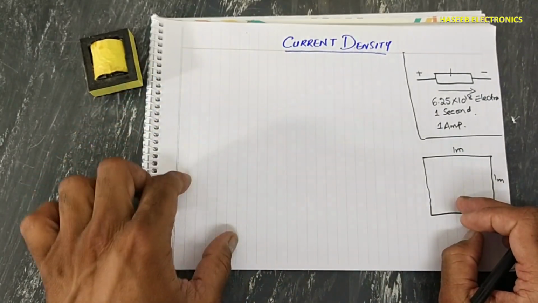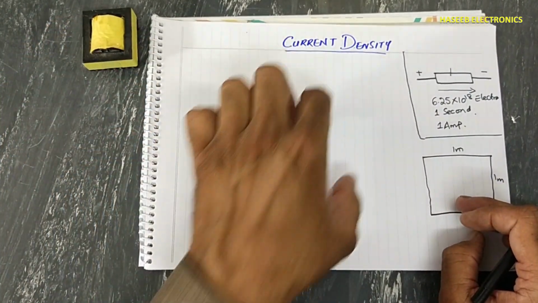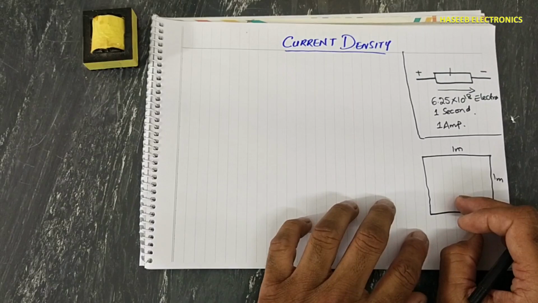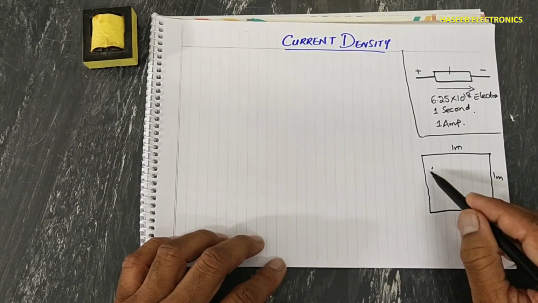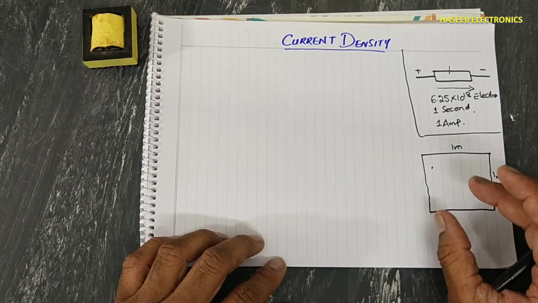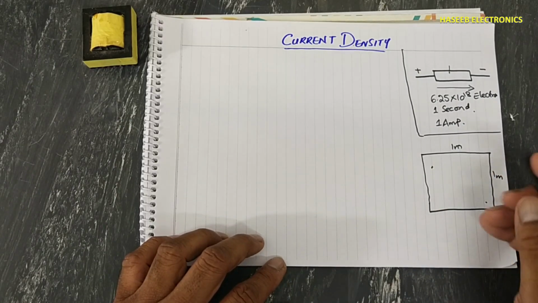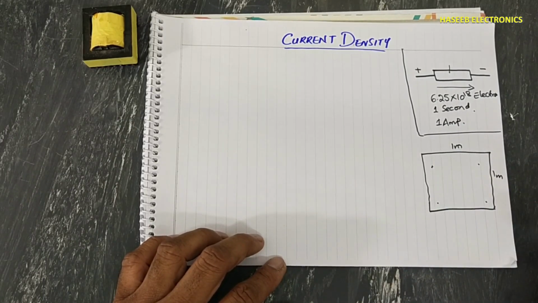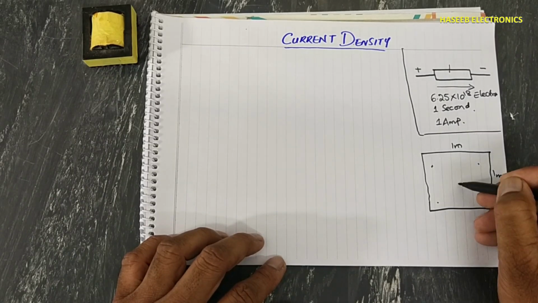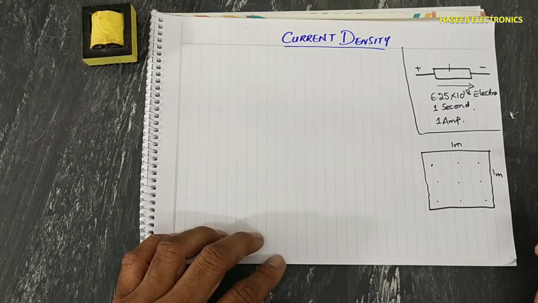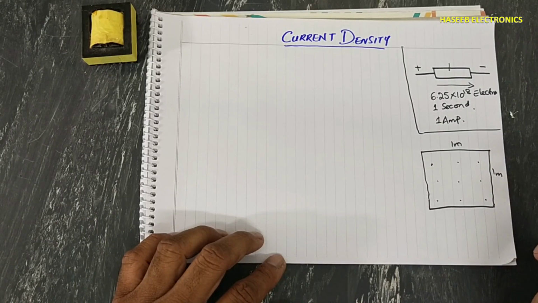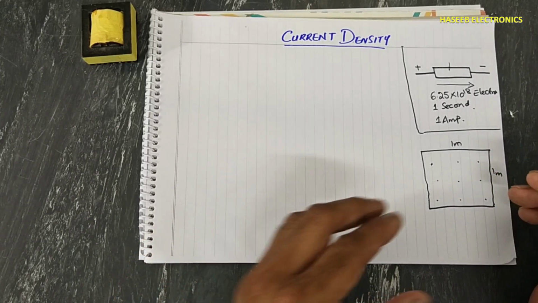Then they take another idea from different places, then they take the average. For example, here is one person and here is one person, 2 persons per square meter, 4 persons per square meter, 5 persons per square meter, 9 persons per square meter, like this.